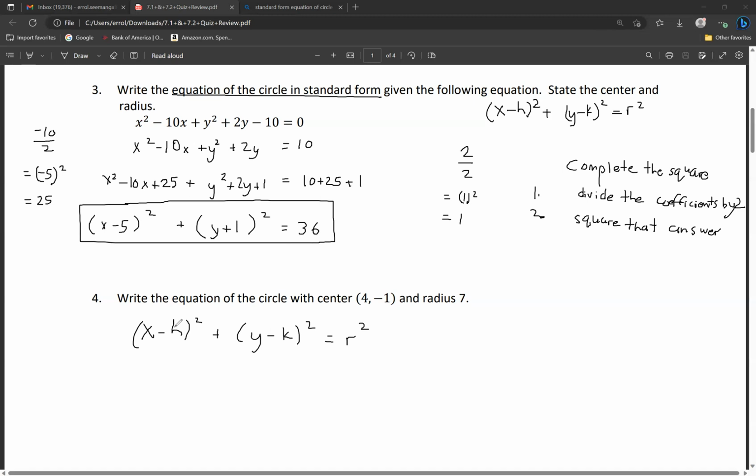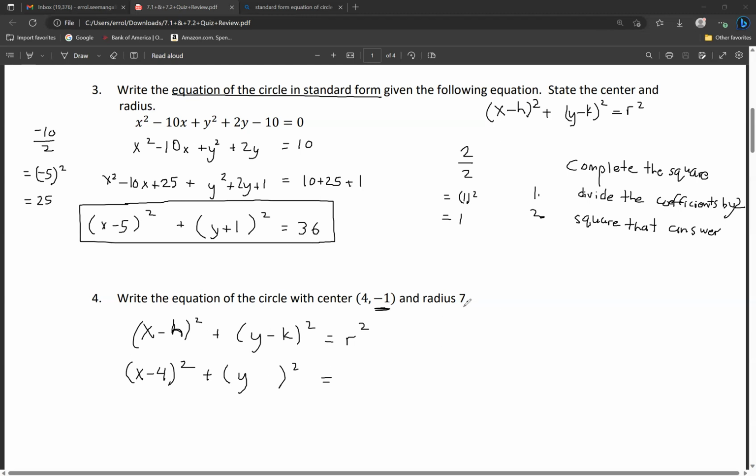This is an H right here. What goes right here? H is 4, so x minus 4, exactly. Squared plus what? Opposite of that one?